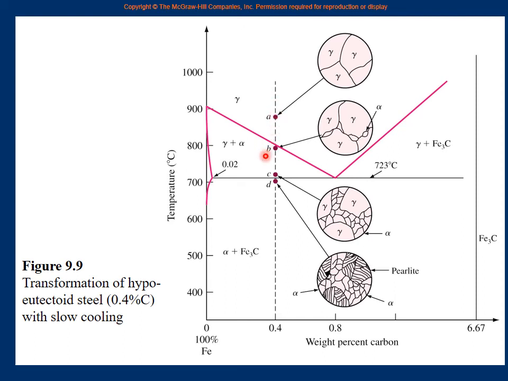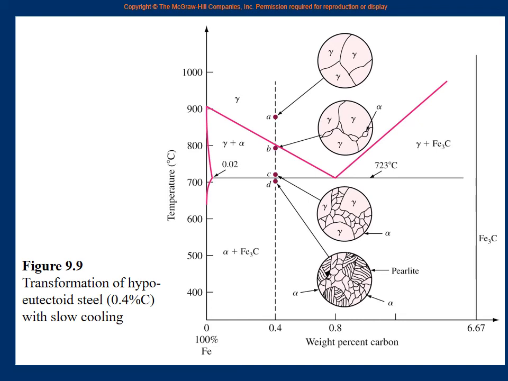At these temperatures, 800, 750 and so on, it is gamma plus alpha. And at any temperature below 723, it is alpha plus perlite. And this alpha is the pro-eutectoid alpha or the pro-eutectoid ferrite, and this perlite is the eutectoid ferrite and the eutectoid cementite, right?